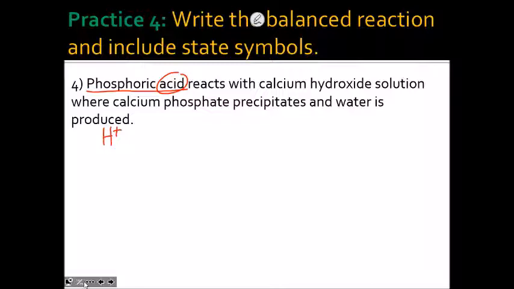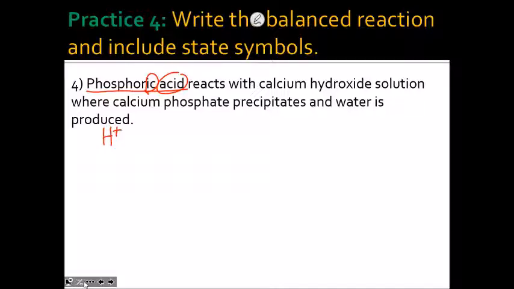But now I have to figure out my polyatomic anion, because it's not hydro something ic, it is just ic. So, because of this ic ending, are we dealing with phosphate or phosphite? Which one is it? Very good. We are dealing with the ate.